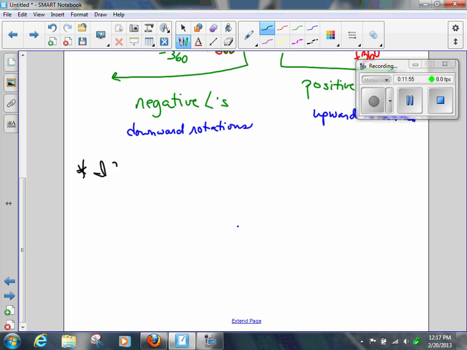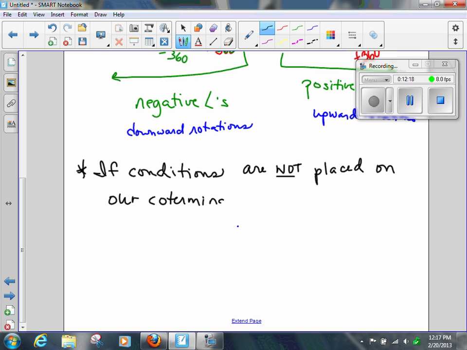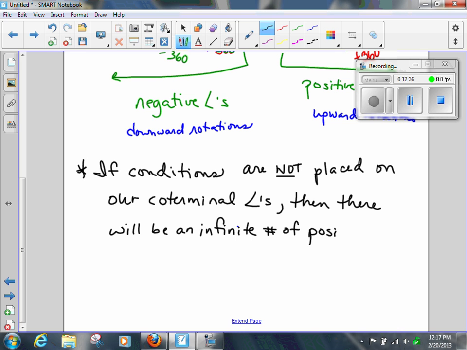Write this down. If conditions are not placed on our coterminal angles, then there will be an infinite number of positive and negative coterminal angles.